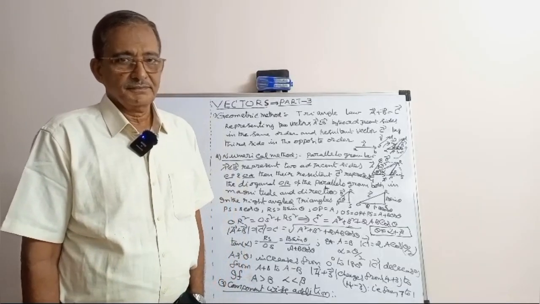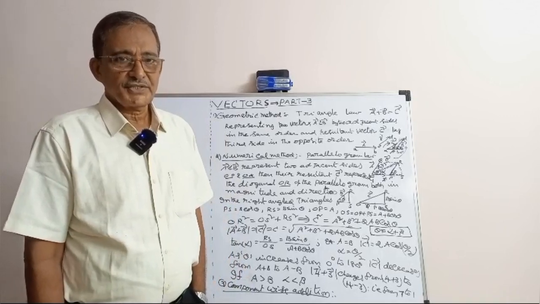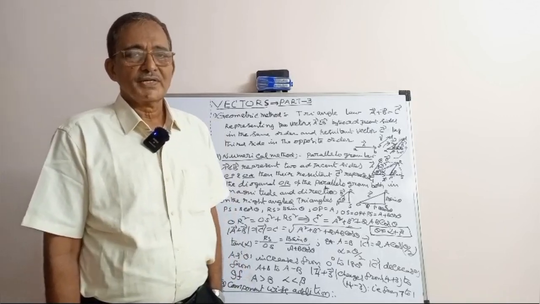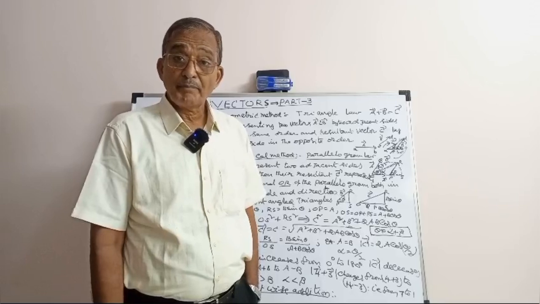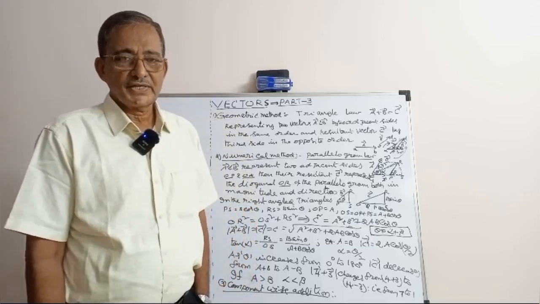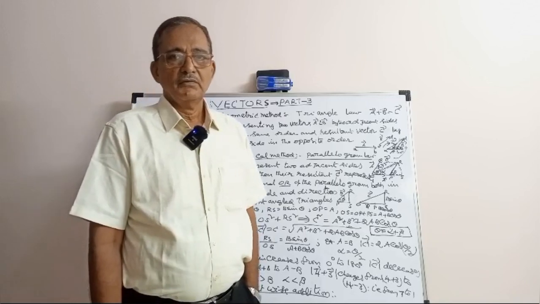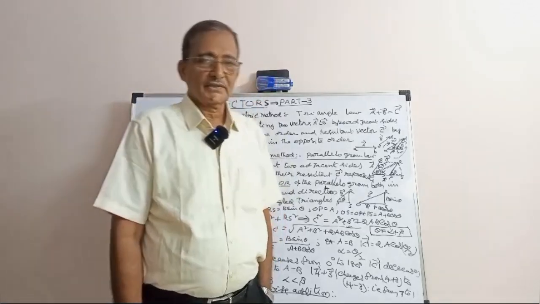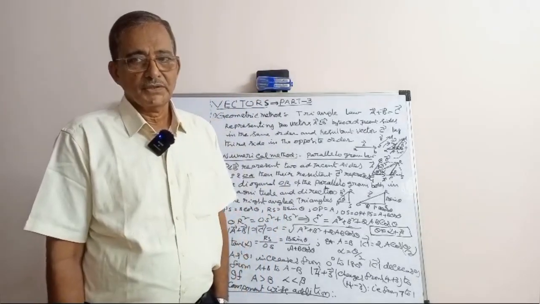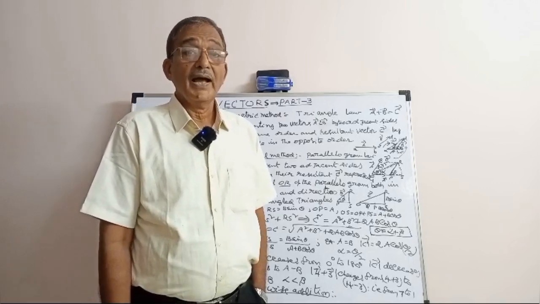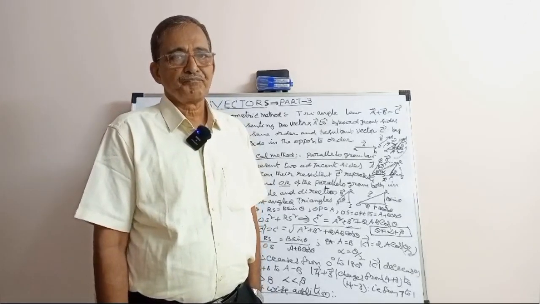Knowledge of vector is essential to understand all branches of physics. So that's why you must have perfect knowledge about vector addition, vector subtraction, dot product of vectors, and cross product of vectors.